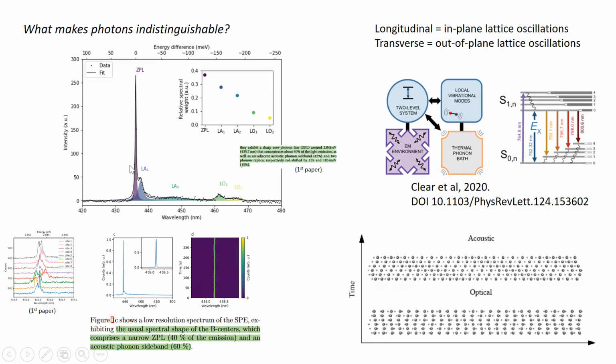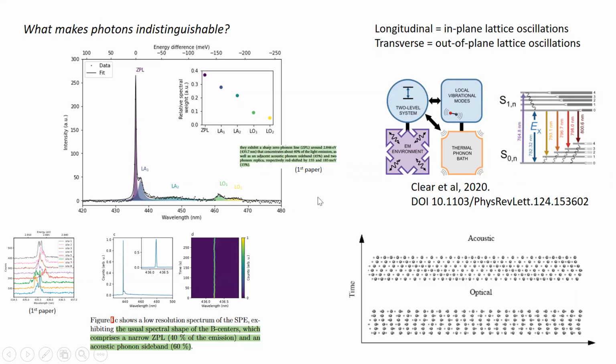This image here is an off-resonant PL spectrum that I took for the first Blues paper, and I looked at the data and decided that obviously there's a ZPL here, and then there's a few other bumps. Just reading around, it seems like these, given by the difference between the bumps and the ZPL in terms of energy, are often labeled as longitudinal acoustic phonon modes and also longitudinal optical phonon modes.